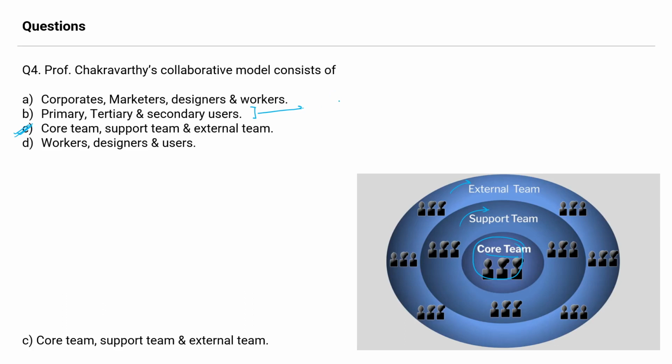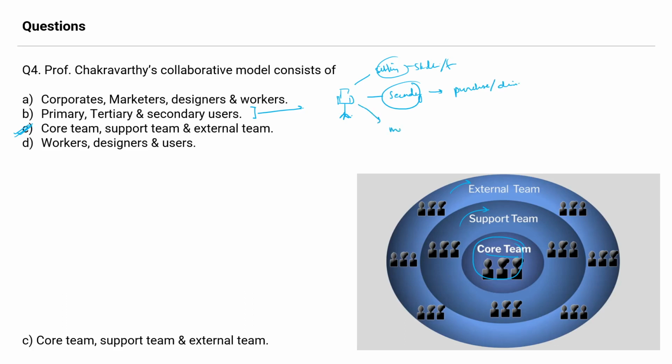Say, for example, if we are taking an example of a chair, the primary user is the person who is sitting. If you are talking about a classroom chair, it is the students who are sitting, right? Or the faculty who is utilizing the chair. When we are talking about secondary users, it is basically the people who are making the purchase, from the finance team, who are making the decision of this chair to be bought.